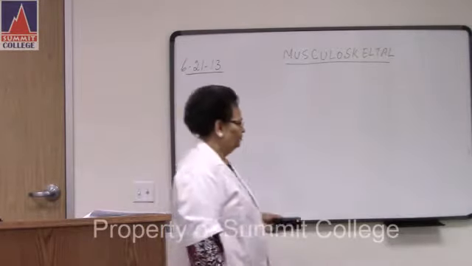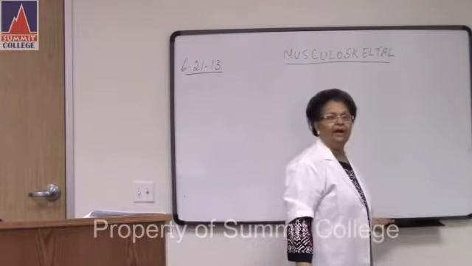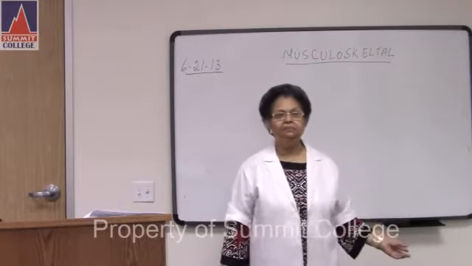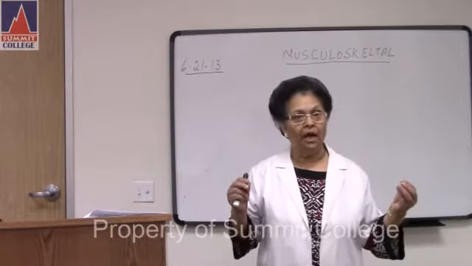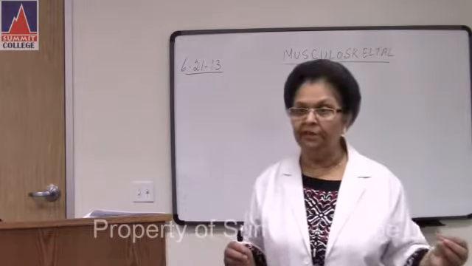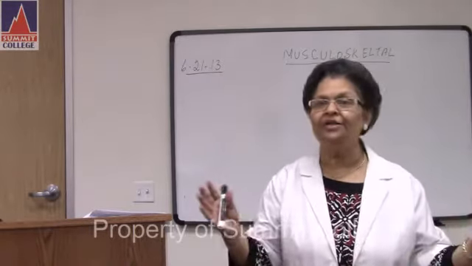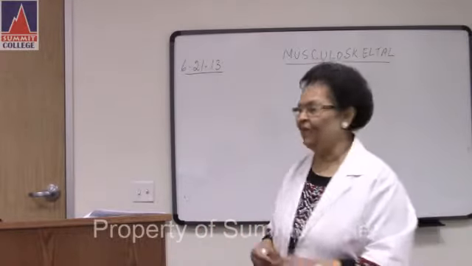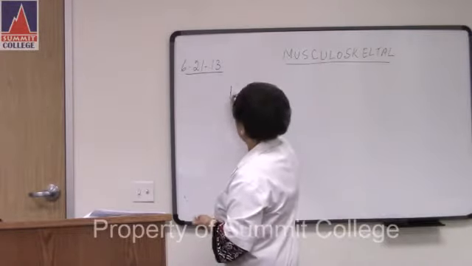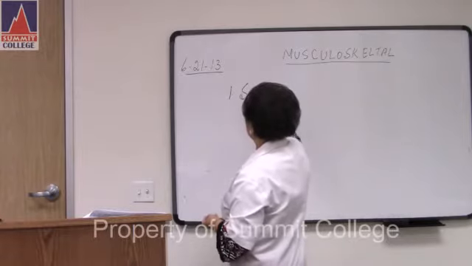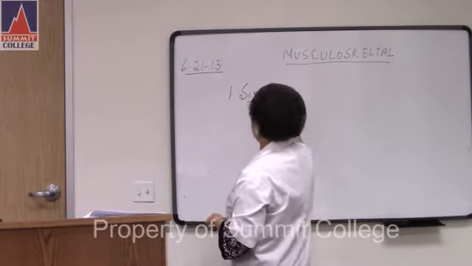Number one, when they are saying simple fracture, the other word is closed fracture. What is the meaning of closed fracture? The skin is not open. Are we clear? So write down the word here. A simple fracture means that the skin is intact.